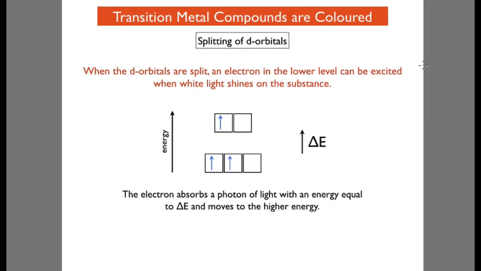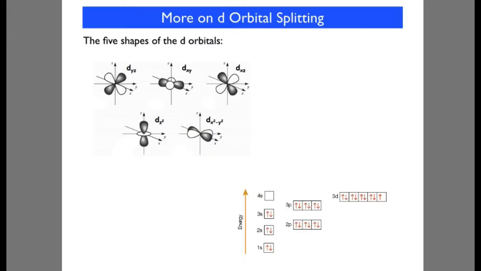So imagine light coming in, hits the atom, and the electron, which would have been here, gets boosted up to here. This is what moves it to the higher energy. The substance has a colour that is complementary to the colour absorbed. So whatever colour is absorbed, you see the complementary colour.